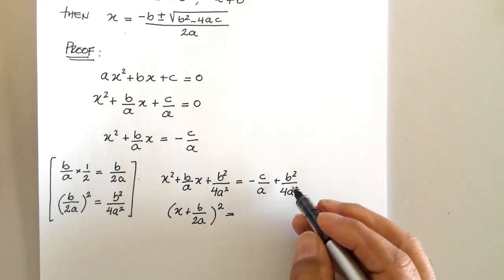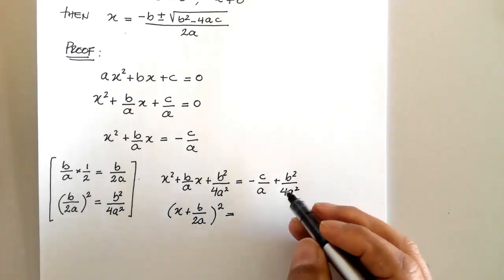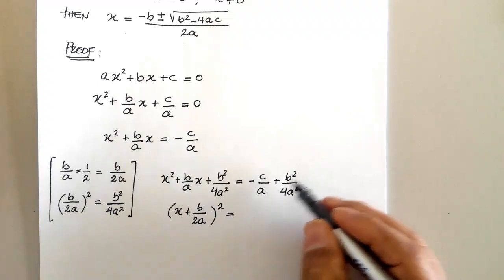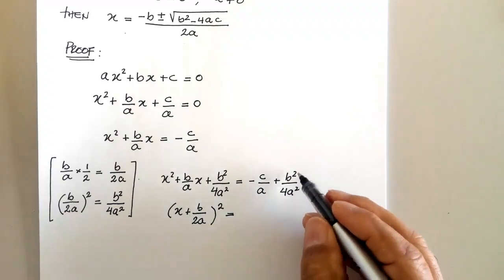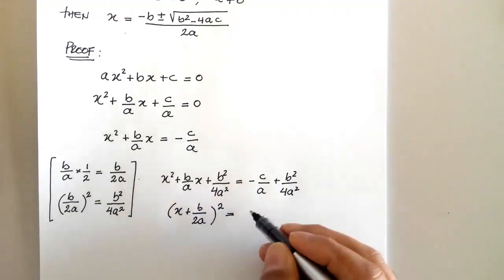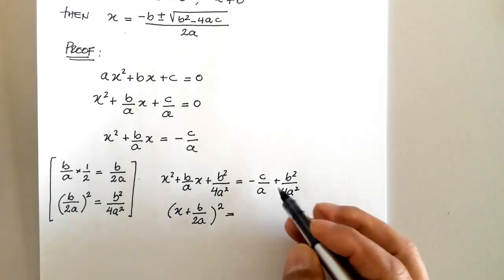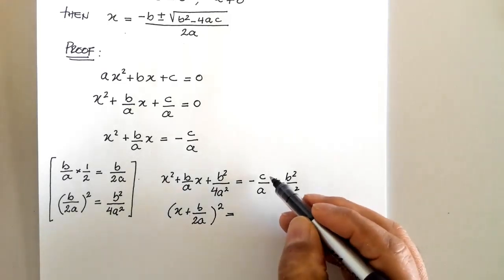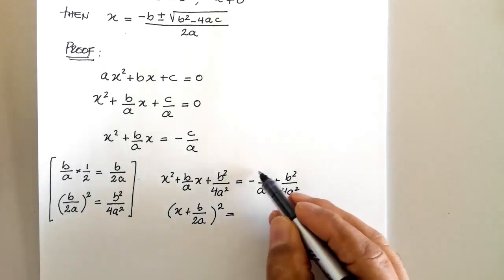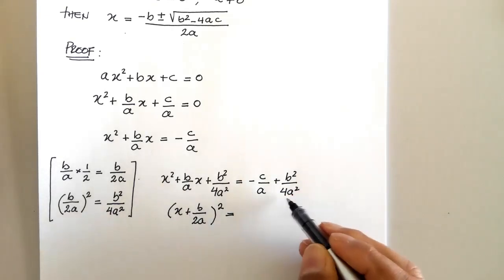And here I'm going to make a few changes. First of all, I'm going to put this back to front, so b squared over 4a squared at the front, and then minus c over a. But I really want to have the same denominator. Here I have only a, and here I have 4a squared.